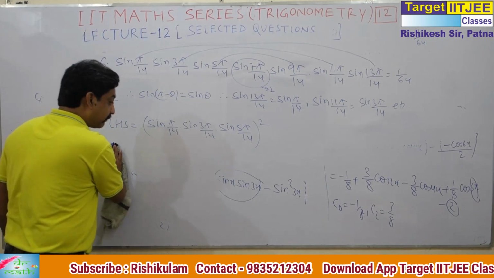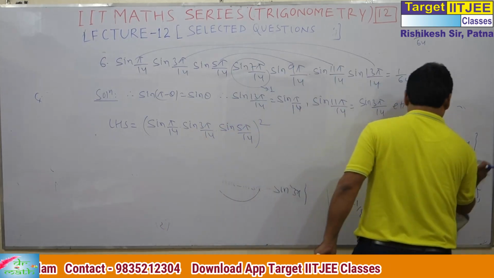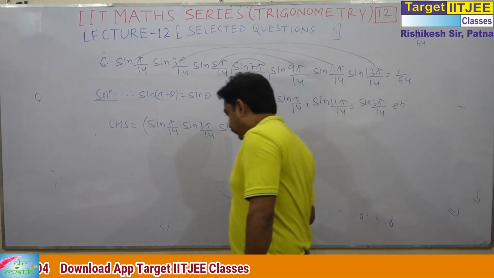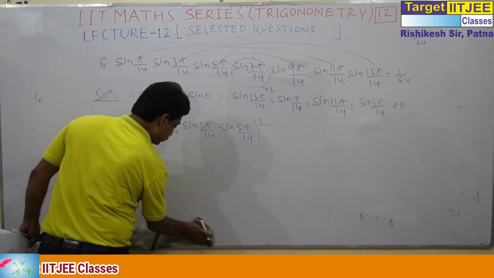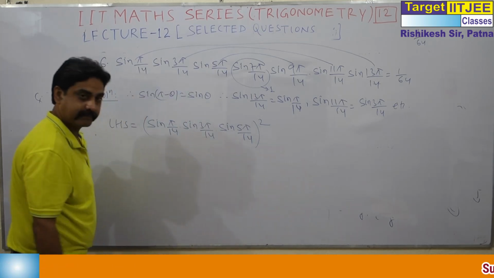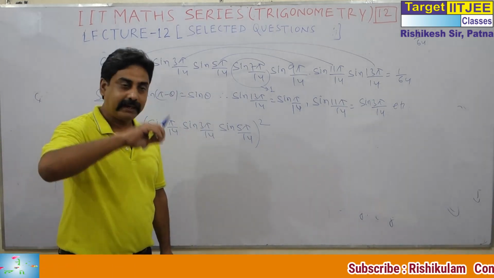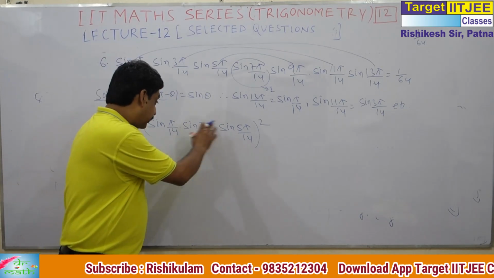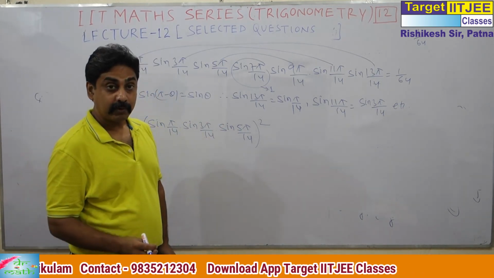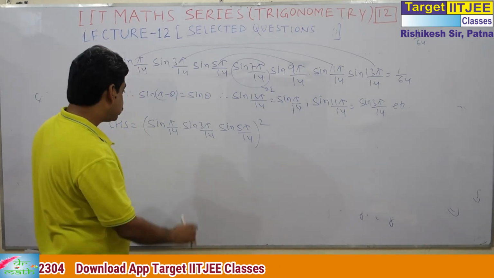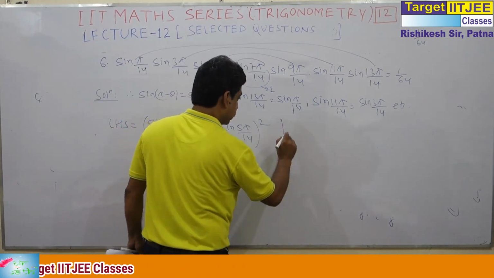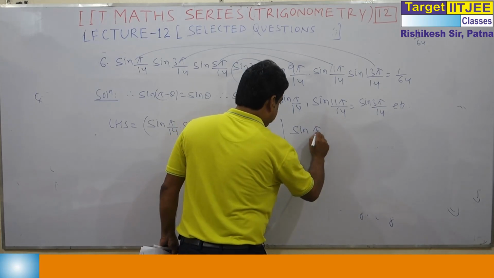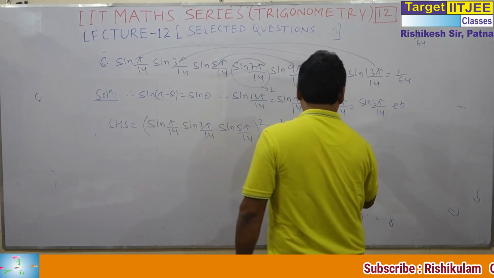So, how do we proceed from this one? If you try to go through 2 sin A sin B, it will not work. सबसे पहले दिमाग में क्या आएगा कि 2 sin A sin B कर देंगे, but it will not work. What we have to do? Now see the process. Actually we change into cos. Sin pi by 14 is what?